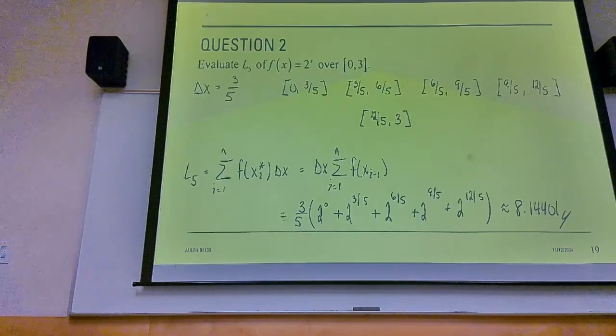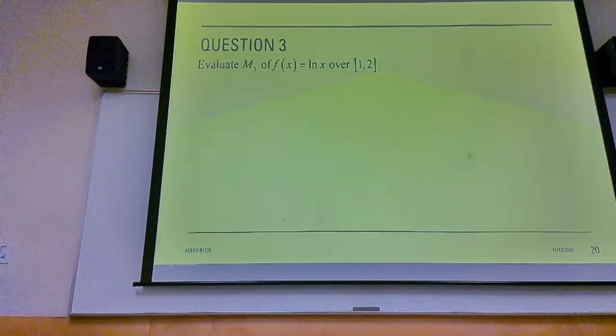M3. What do you think the M stands for? Midpoint. Same rule. M is regular. So each delta x is going to be the same. And you're going to choose the midpoint of each subinterval as your sample point. So what's delta x?